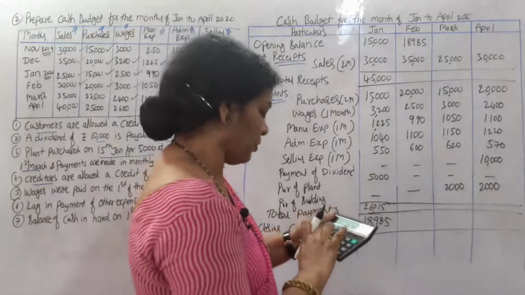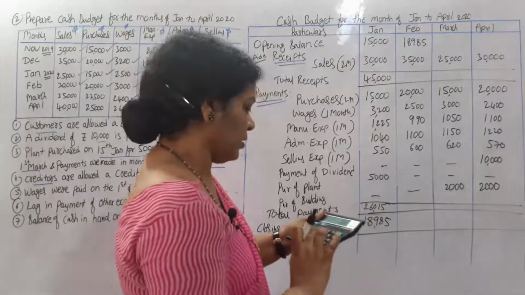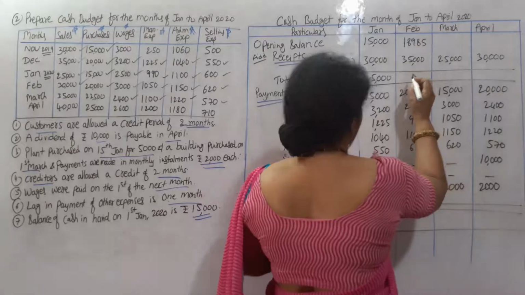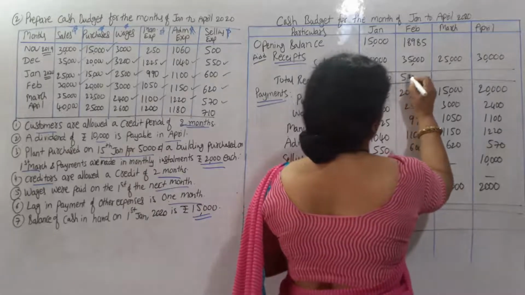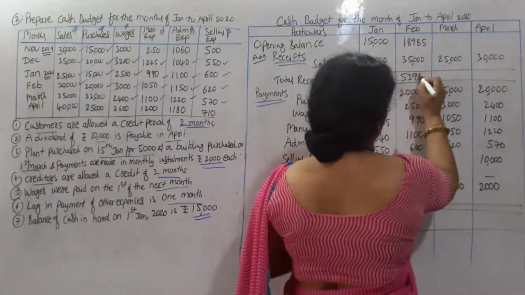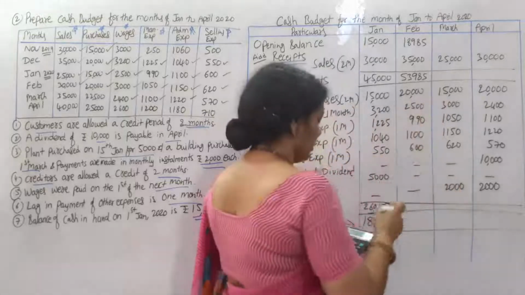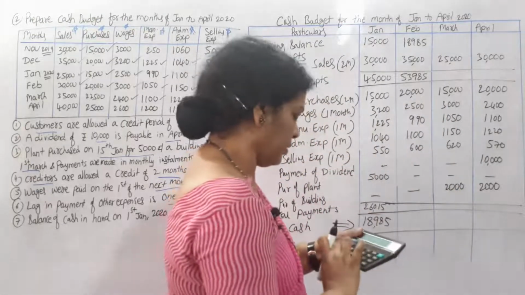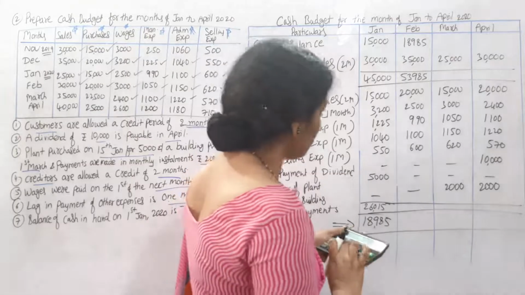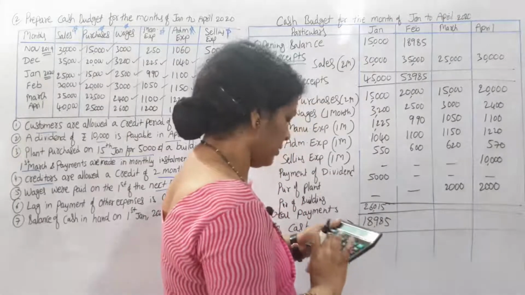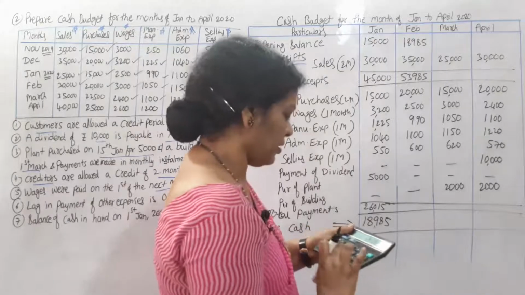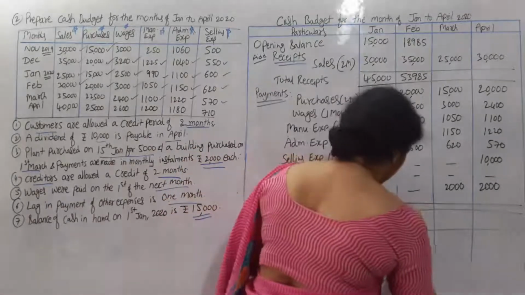18,985 plus 35,000. It is 53,985. This total 53,985. And payment side total 22,500 plus 990 plus 1,700, 25,190.